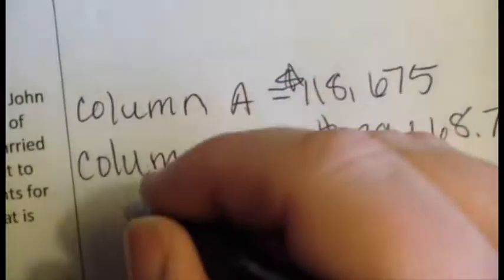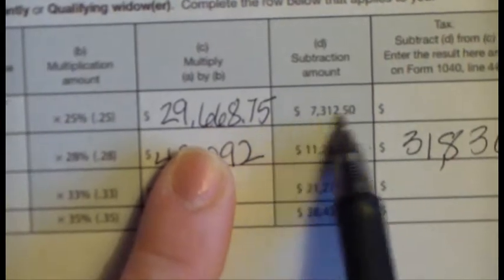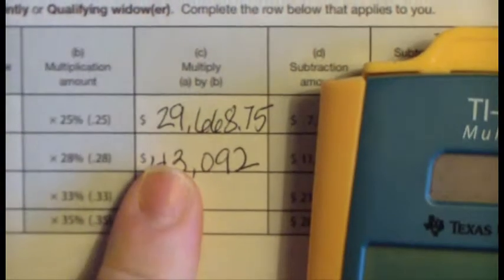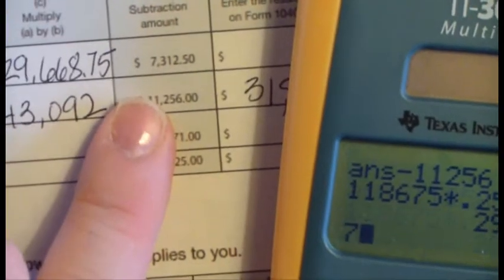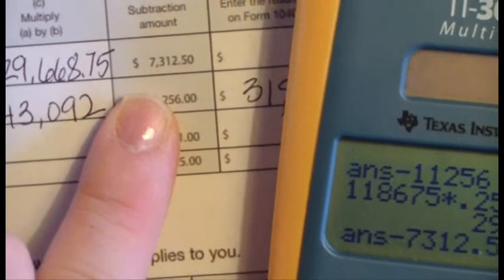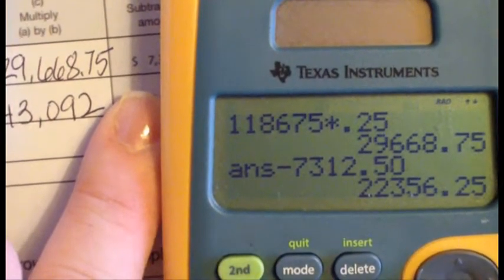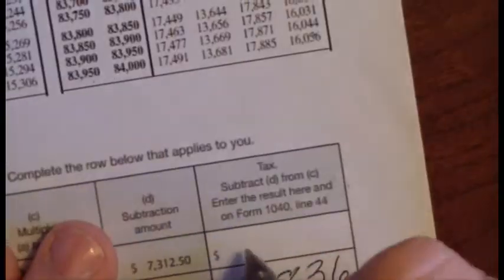All right, and then the last thing we need is our tax. And so to get our tax, we're going to do column C minus $7,312.50. And that gives us $22,356.25.